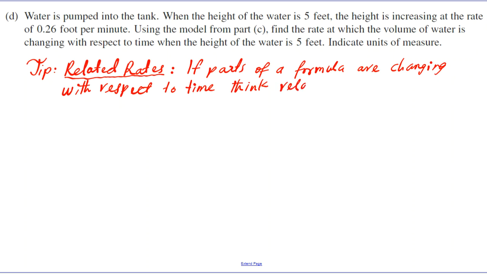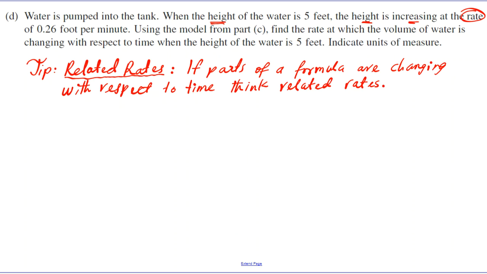The parts of the formula are related by the formula, and we're looking at rates because we're changing each one of them with respect to time. So if you look at this right here, we have the height. The height is increasing at a certain rate, so h is changing with respect to time.